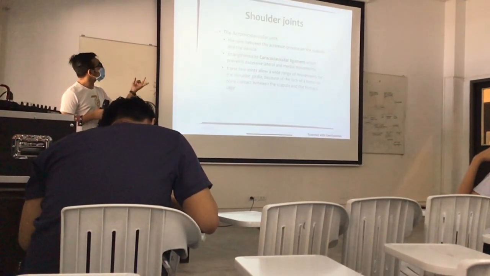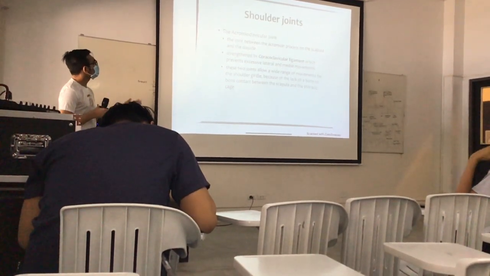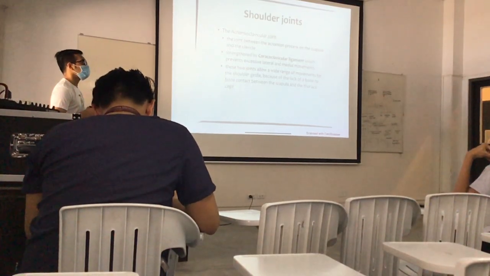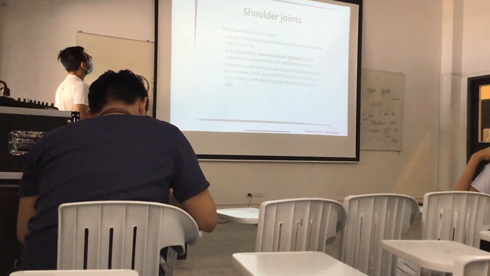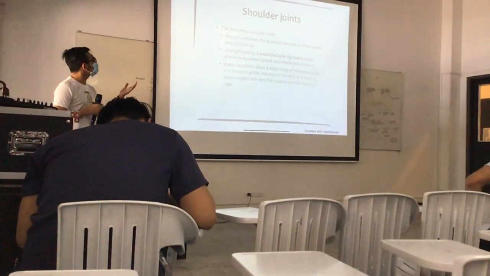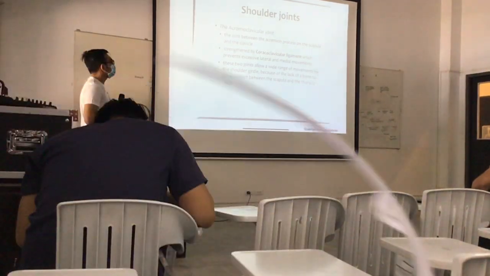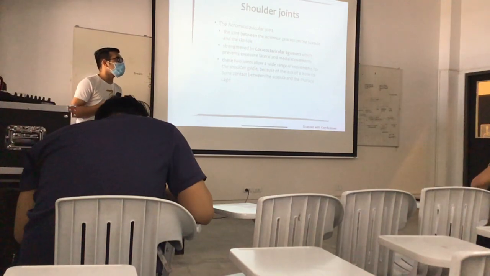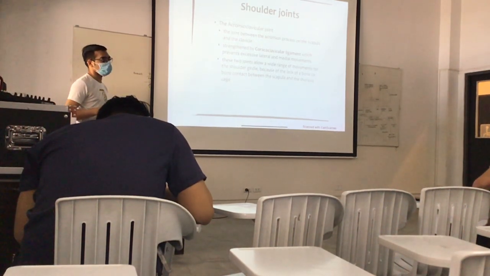It is strengthened by the coracoclavicular ligament, which prevents excessive lateral and medial movement. If it is torn, then there will be no movement of your shoulder joint.